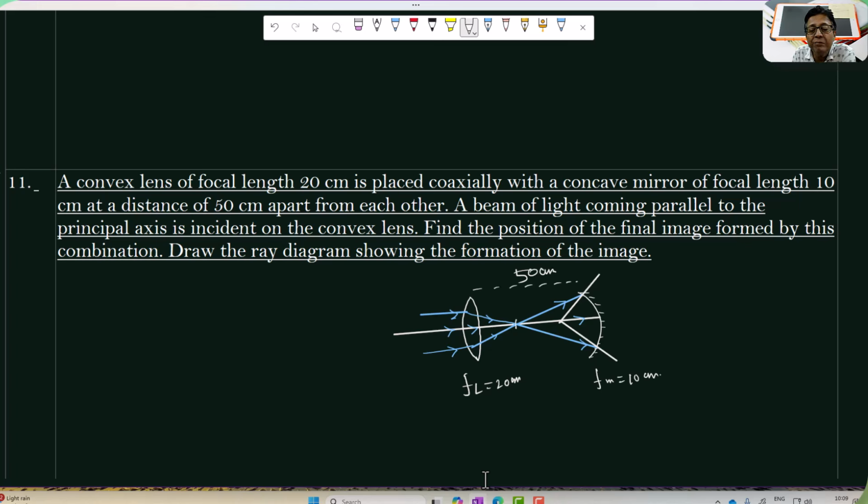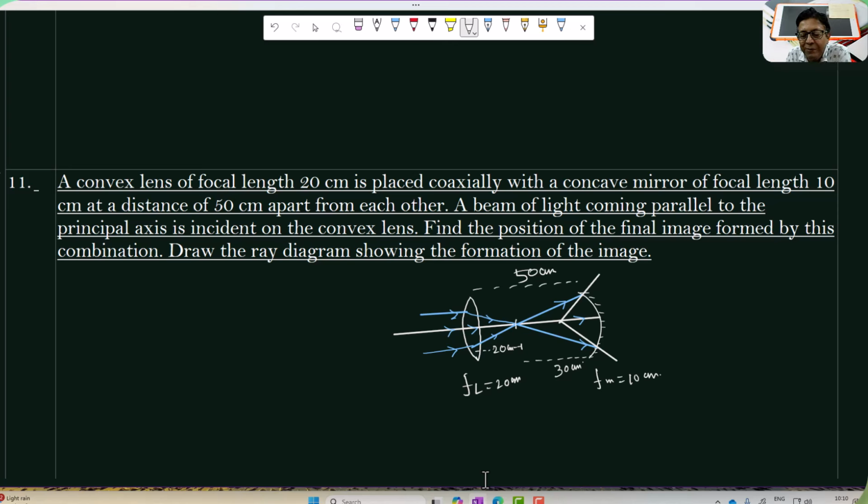Where do they meet? This distance has to be 20 centimeter. So for the mirror, this is obviously going to be 30 centimeter. Isn't it? It is formed at 20, so 50 minus 20 must be equal to 30.